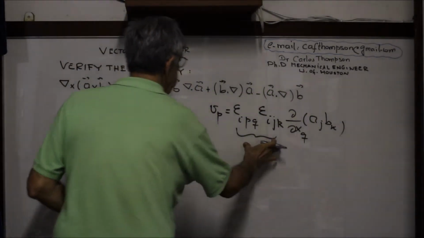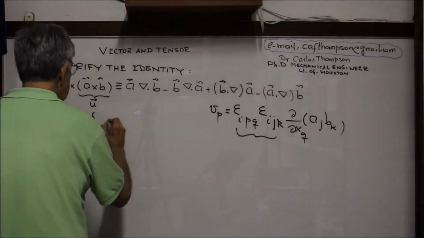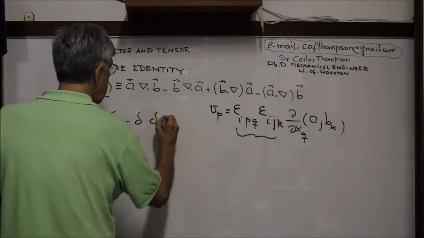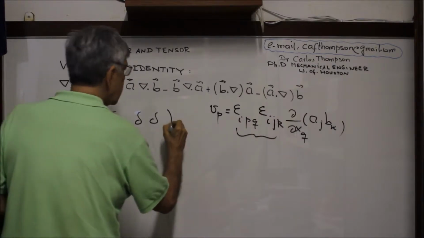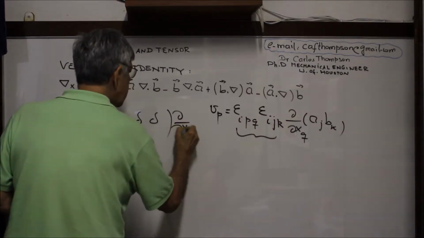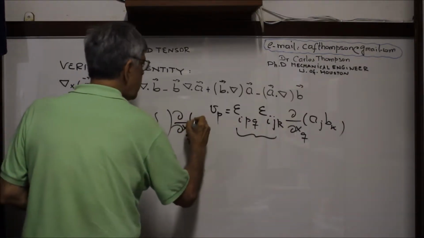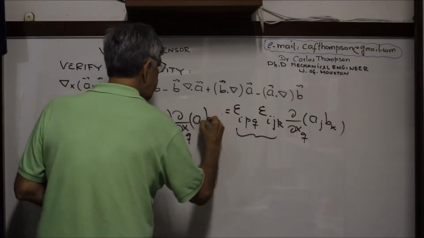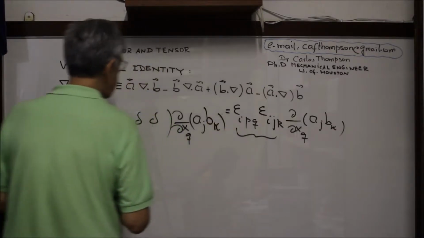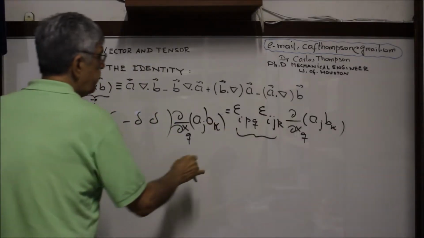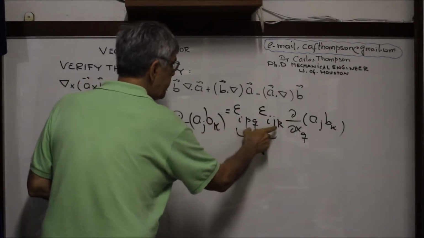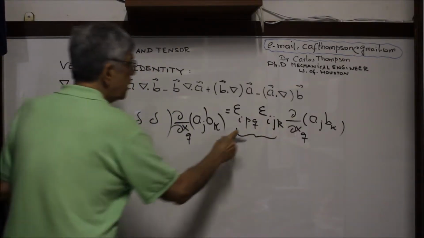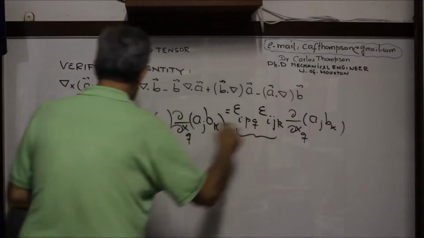You see, here delta minus delta, okay, this partial with respect to x k of a j b k. See? Now, you see, p j, this will be p j or j p. Now, q k.